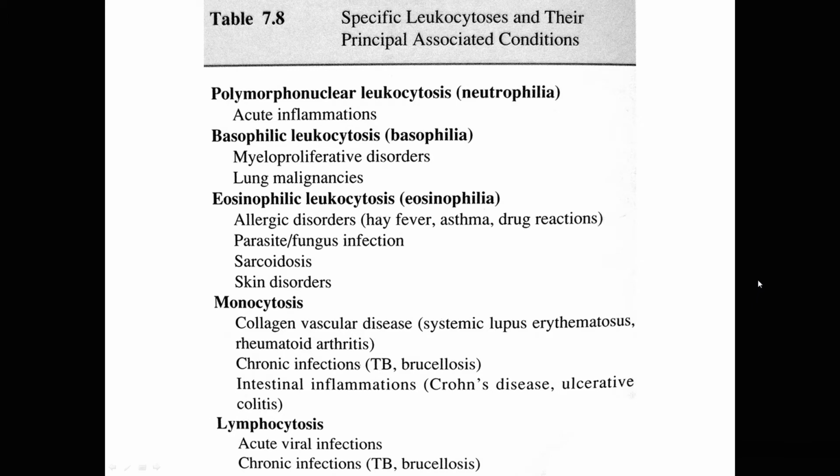The leukocytosis may be due to a predominant increase of neutrophilic, polymorphonuclear leukocytes. This is known as neutrophilia. It is indicative of acute inflammations, especially purulent inflammation caused by streptococci, staphylococci, or meningococci.